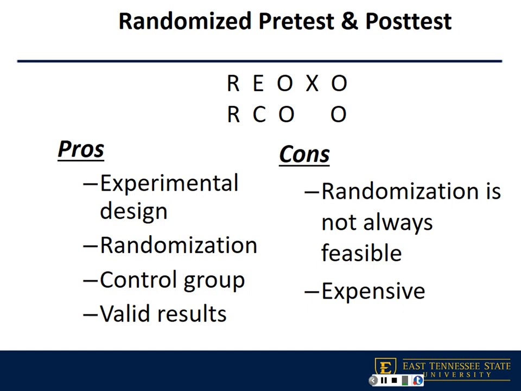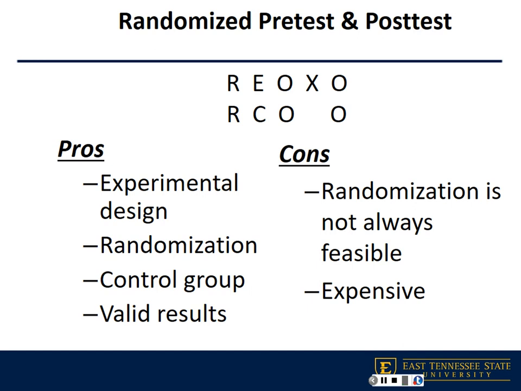You don't get to select yourselves what group you want to go into. Okay? We use a random computer generator or some other randomization method, again, to randomly allocate you into the experimental group or the control group.